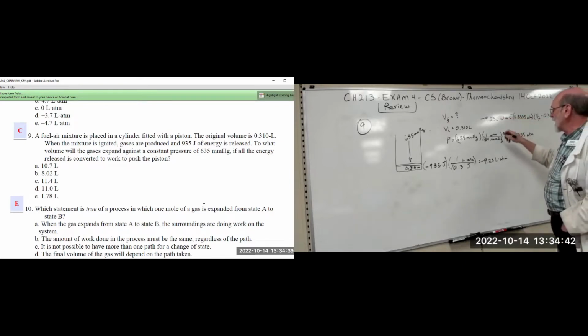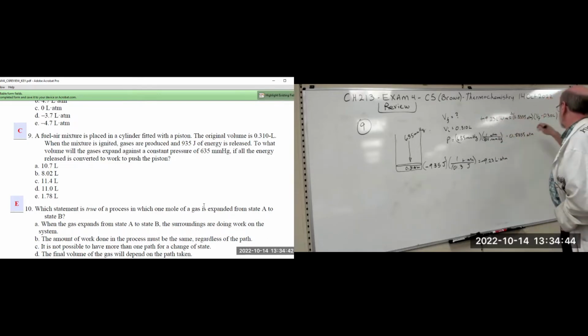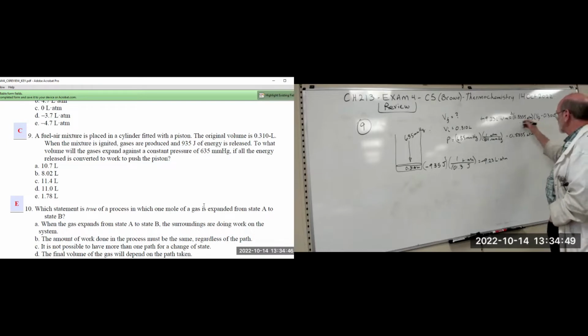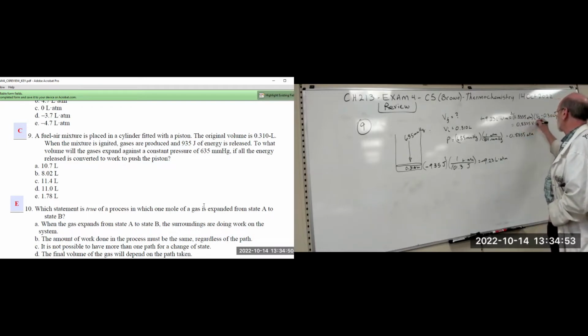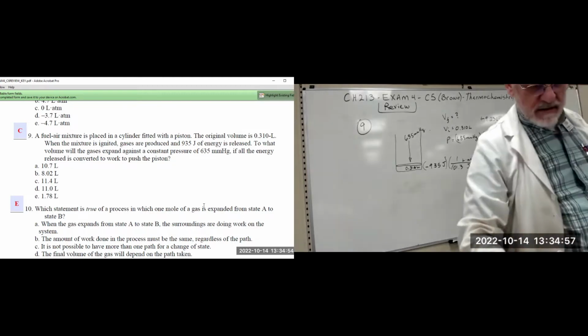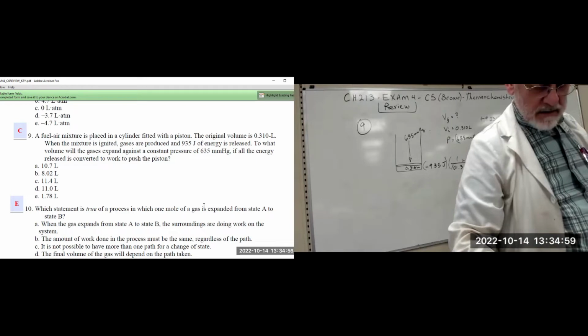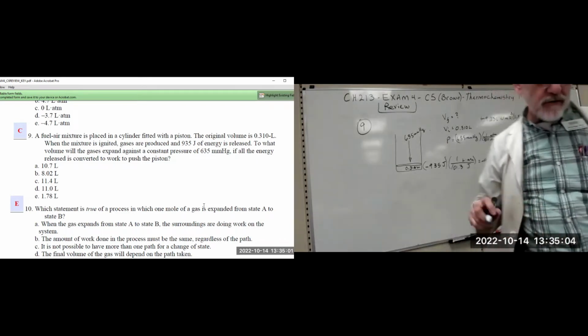These negatives are going to cancel. And what we need is to multiply this times that equals 0.8355 final volume minus 0.3 value. And that's 0.259.